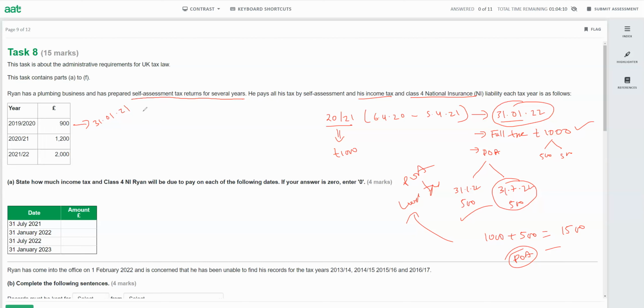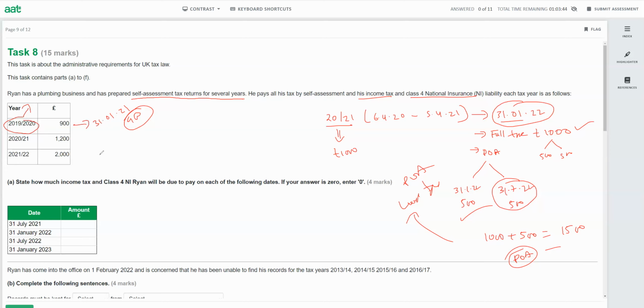There is no information before, and we don't know whether he paid any payment on account or not. But before 1920 there is no earlier year, and the question didn't tell us anything, so we understand there is no calculation before that. So we will assume all the 900 was paid on that day, 31st of January 2021.